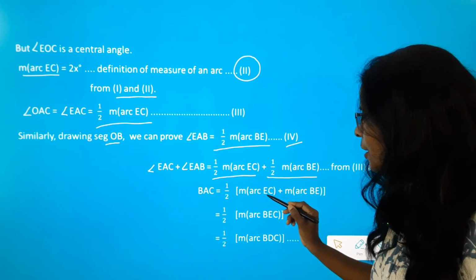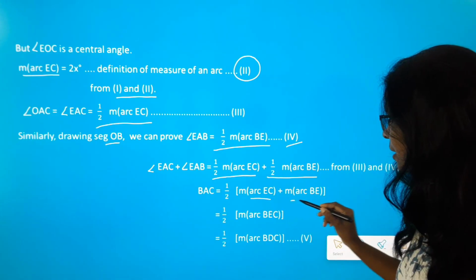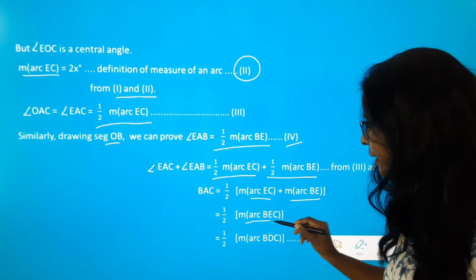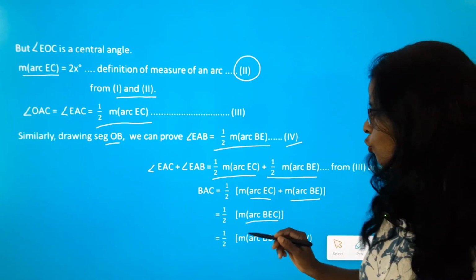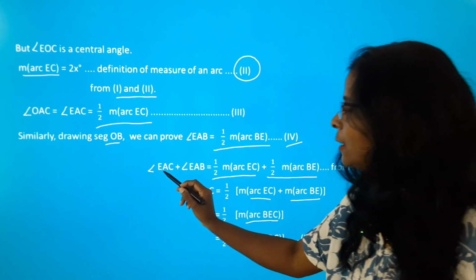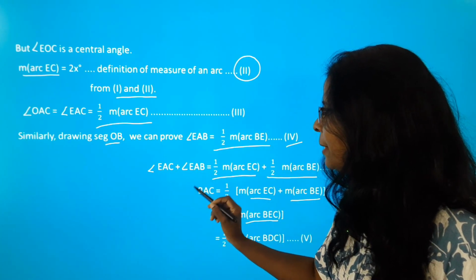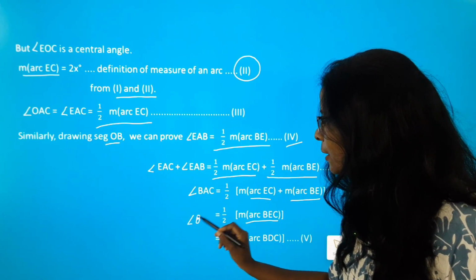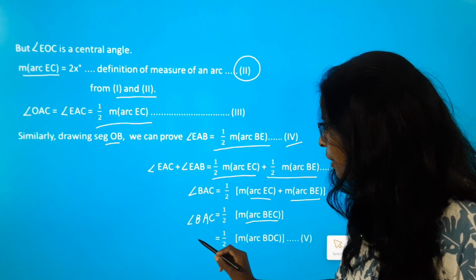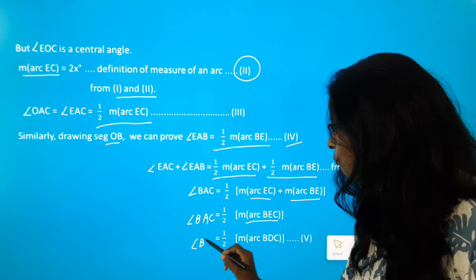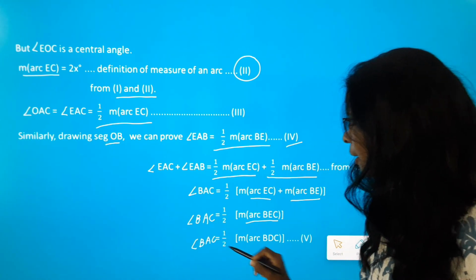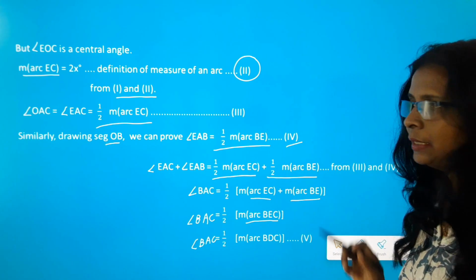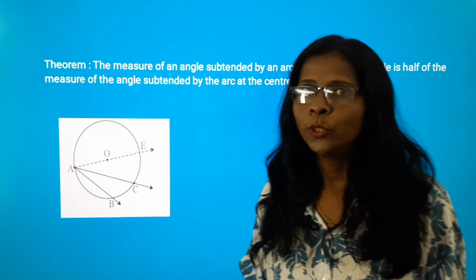So what is arc AC plus arc BE? Then we get the arc BEC. So angle EAC plus angle EAB is equal to BAC. So here we write the angle BAC is equal to half of major arc BDC. Okay.